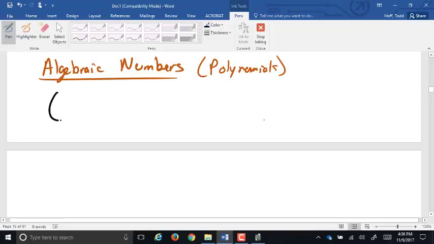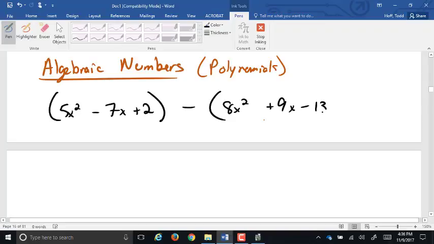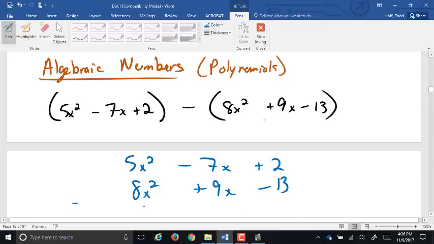So that is problems like 5x squared minus 7x plus 2 minus 8x squared plus 9x minus 13. How would we do that? Yeah, we write it out just like any other problem. And remember, we are subtracting.